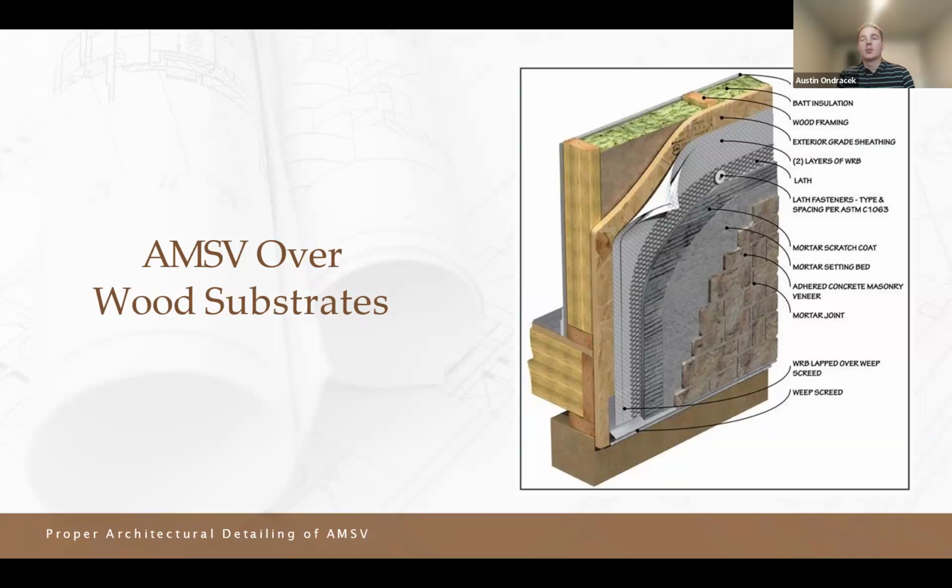But water is a little bit of the nemesis when it comes to this. As long as it's installed properly, as shown here on this cross section, there should be no issues with the stone popping off or delaminating anytime soon.